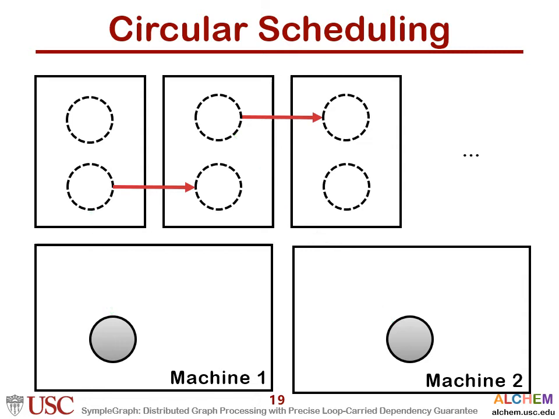In the next step, since we have already sent the dependency message, we can start executing on the next machine. And the following is also similar. In this way, we are scheduling the processing of different vertices to be parallel, but if you just look at one vertex, the processing of its neighbors is sequential.